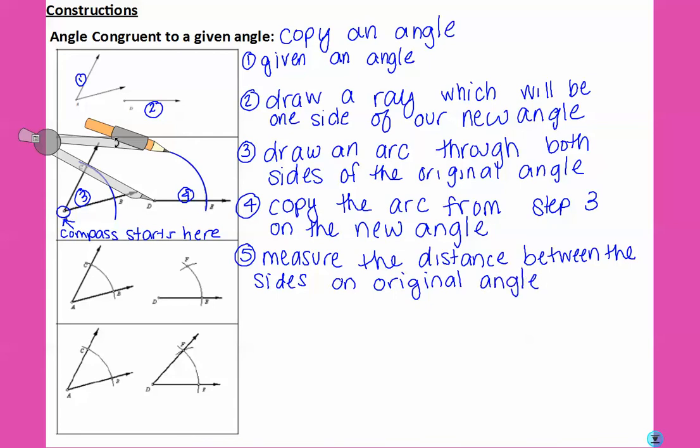So I'm going to take the center of my compass, put it on one point where the arc intersected the circle, and move in my compass so that it lines up with the other side, like that. And then I'm going to take the point of my compass, put it on the intersection on my new line. I'm going to spin it around and draw an intersecting arc to the other side.